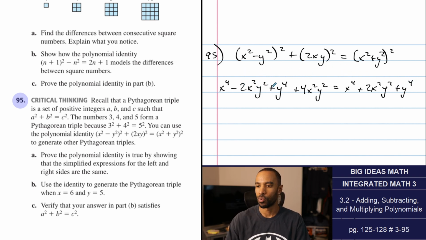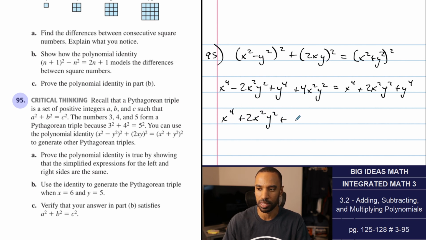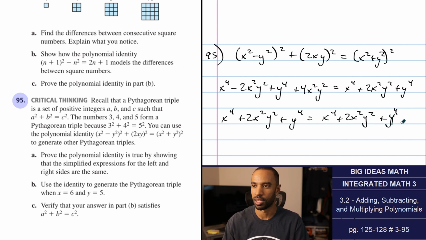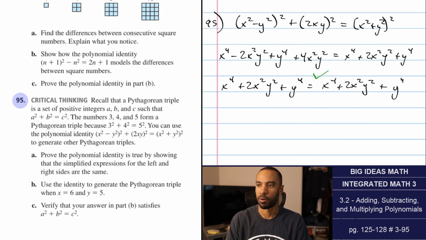Now, negative 2x squared y squared plus 4x squared y squared is positive 2x squared y squared, so it shows that these two are the same. Oops, that's a y. Let me fix that. Plus y to the fourth. Okay, all good. That's part A.